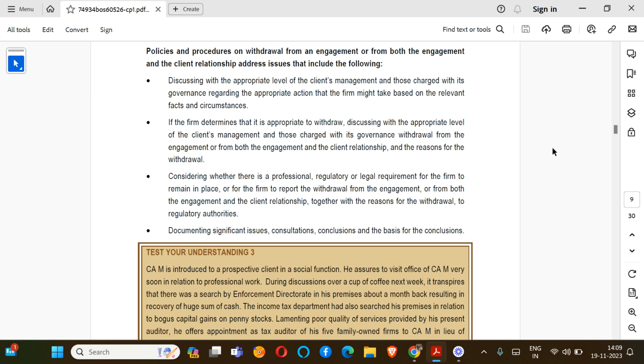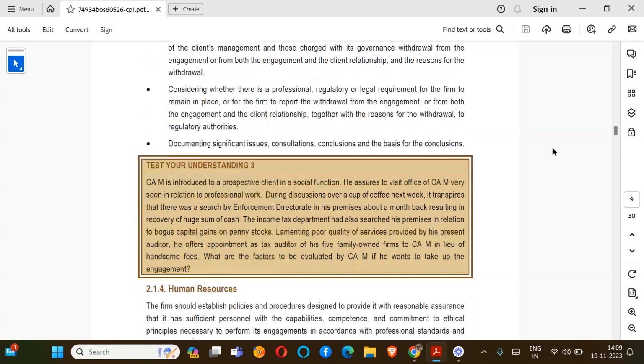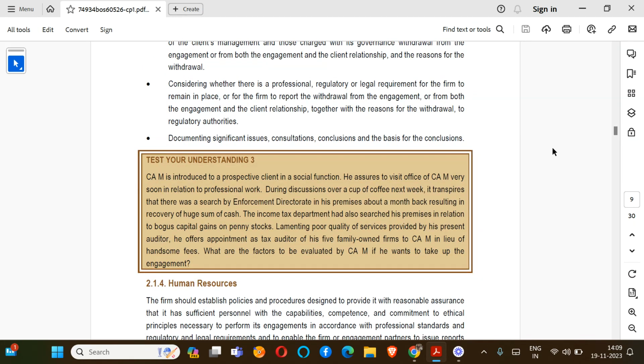अगर firm को ऐसा लगता है कि विड्रॉ करने की ज़रूरत है असाइनमेंट से, तो वो भी बताएगा क्लाइंट के मैनेजमेंट को, TCWG को, about the withdrawal and the reasons for withdrawal, if the case may be, and then considering whether there are any requirements that they need to follow, which means the PRL requirements that the firm needs to follow.